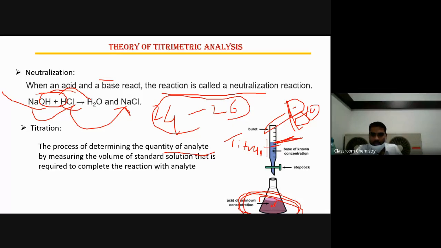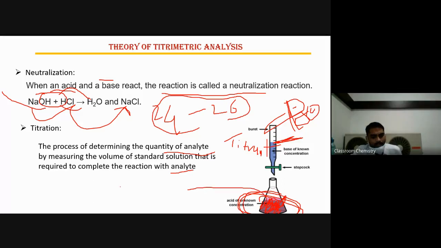What is present in this conical flask? It is analyte. What we want to calculate is the value, or the concentration or quantity. Here in chemical kinetics, we give different types of solutions.